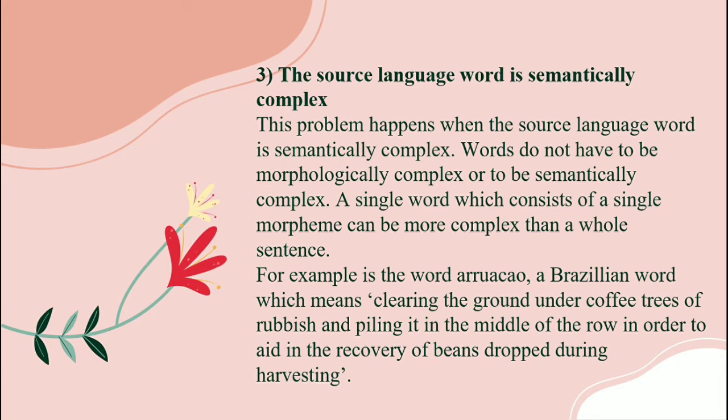For example, the word arhuaco, a Brazilian word which means clearing the ground under coffee trees of rubbish and peeling it in the middle of the row in order to aid in the recovery of beans dropped during harvesting.